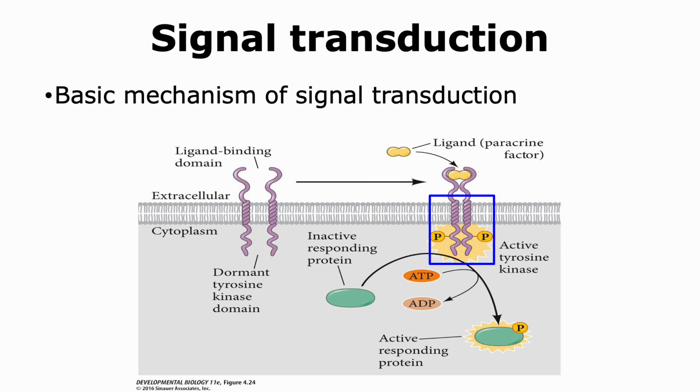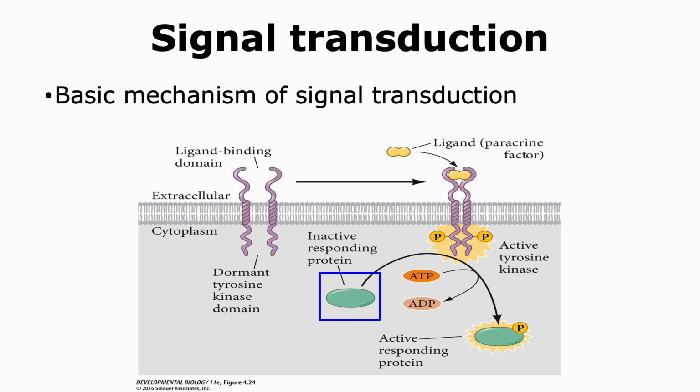So when we look at the intracellular part of the receptor, the binding of the ligand triggers a conformational change that can activate the intrinsic enzymatic activity of the receptor. If the receptor's intrinsic enzymatic activity is that of a kinase, then they normally phosphorylate each other to become functionally active. This activated receptor can now perform a function.